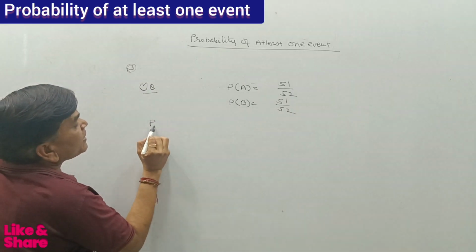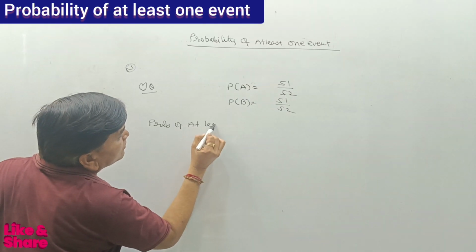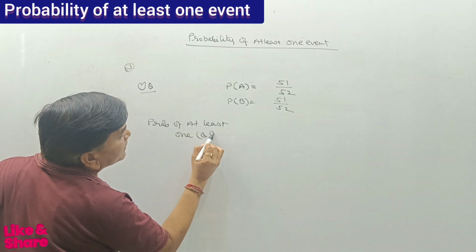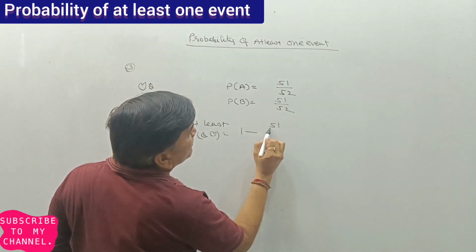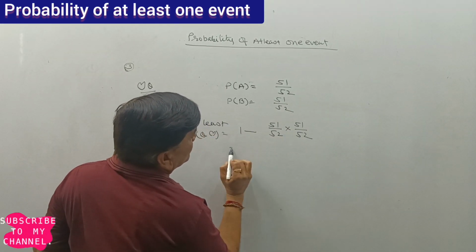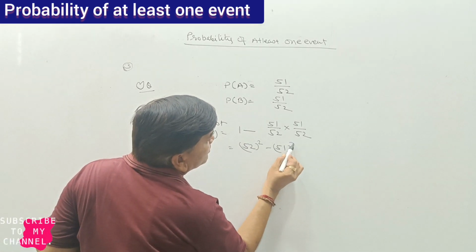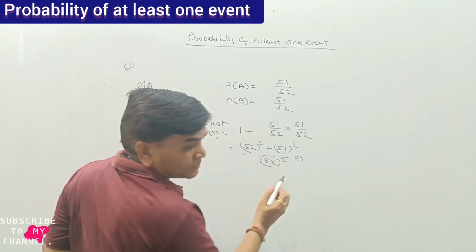So the probability of at least one queen of heart, that is 1 minus 51 upon 52 multiplied by 51 upon 52, that is 52 raised to power 2 minus 51 raised to power 2 divided by 52 raised to power 2.